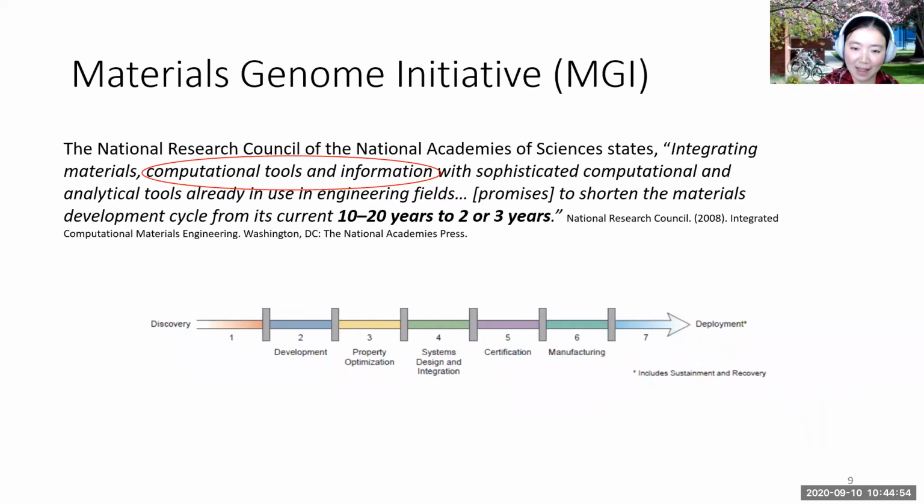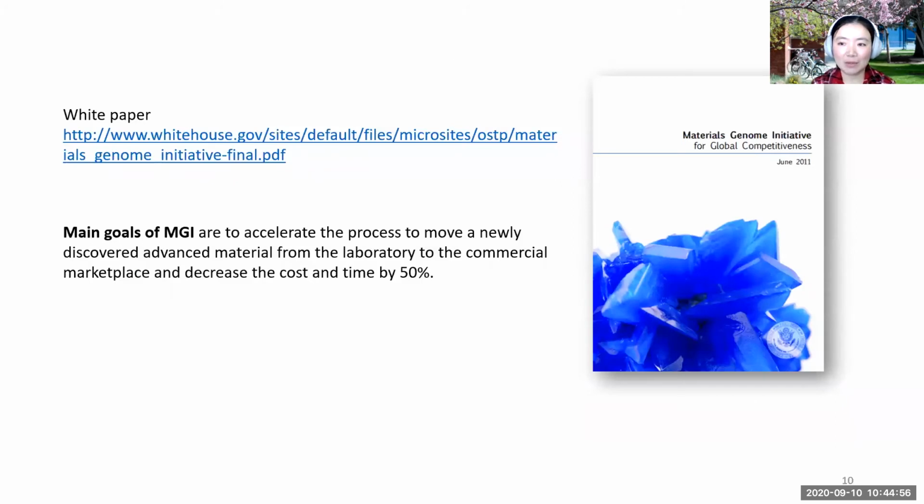And then moving on to 2011, our federal government finally came up with a white paper. And then they also announced a new initiative they call the Materials Genome Initiative, also called MGI.